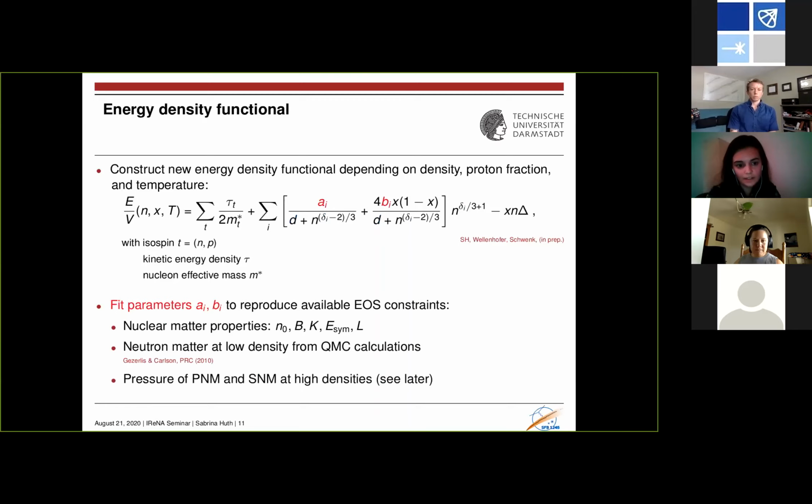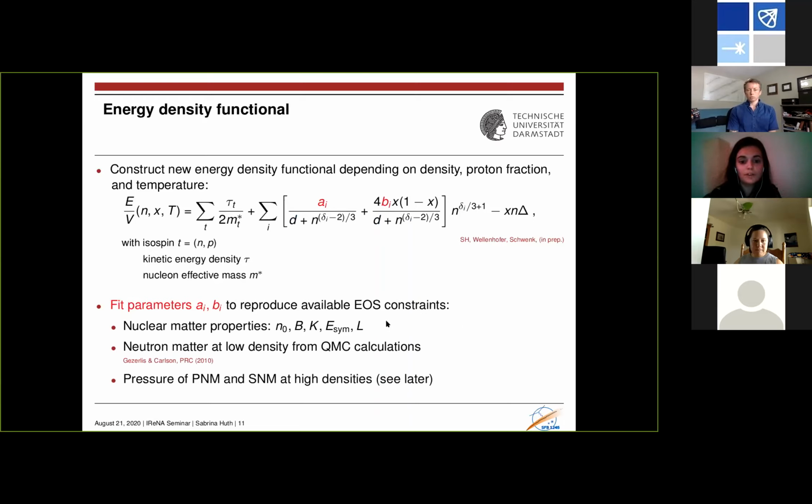Then the actual fit parameters are these A_i and B_i. And since i goes from 1 to 4, we have 8 fit parameters in total, which we can now fit to basically whatever we like.